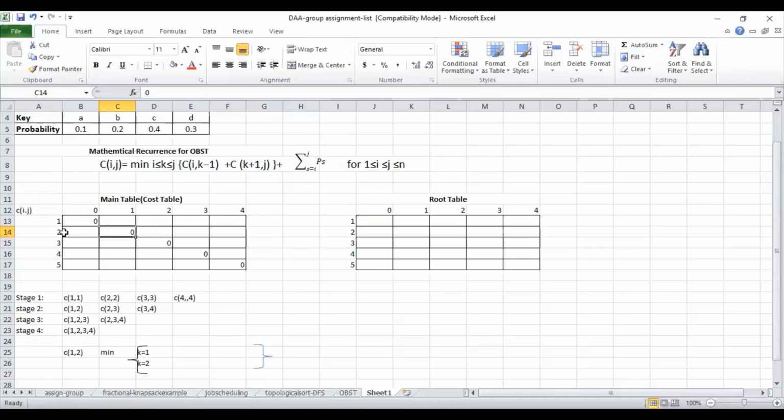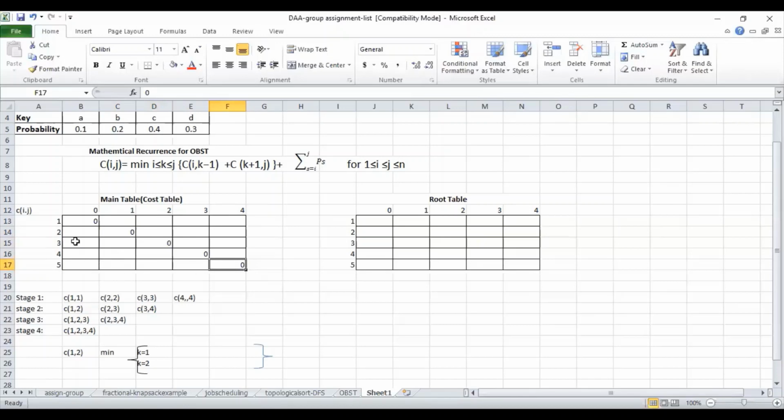So consider every entry in this table as Cij. I and J refer to the nodes which are possible inclusions into the BST. The rows determine I and the columns determine J. J cannot be greater than I, and all such entries where J is greater than I are padded with zeros.